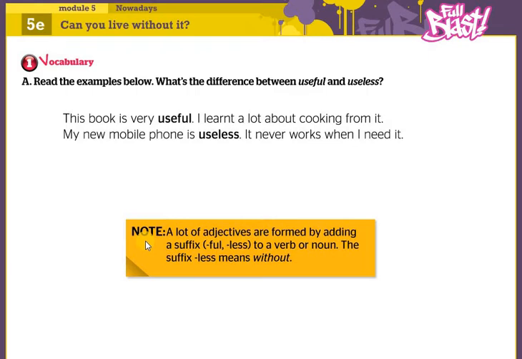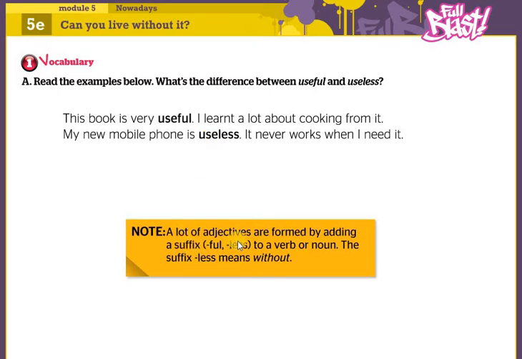Let's see here. Notes. A lot of adjectives are formed by adding a suffix, okay? And this process by which we make a new word by adding a suffix, we call it the process of affixation, right?